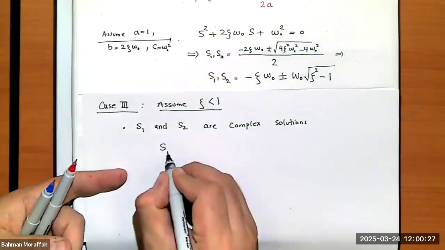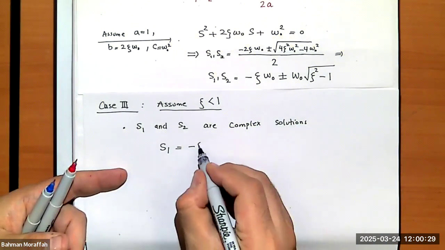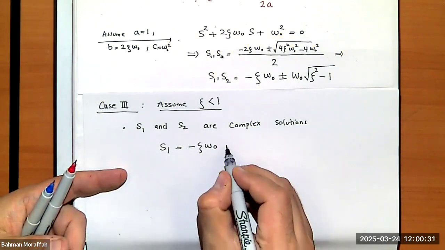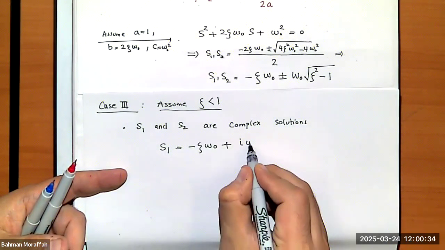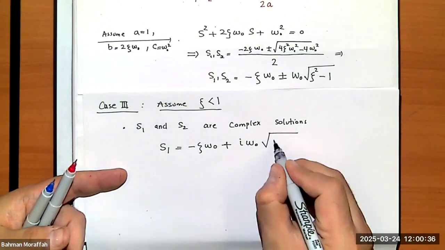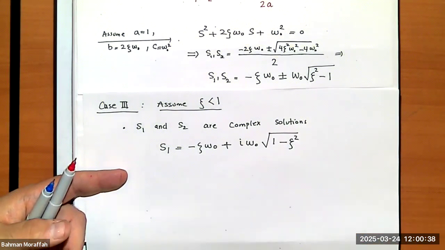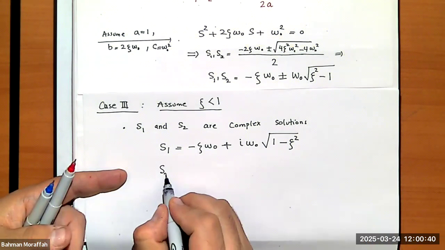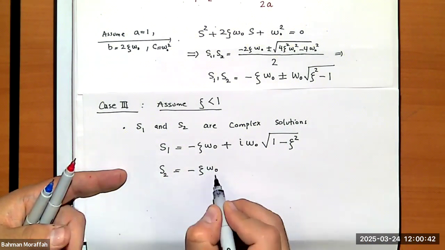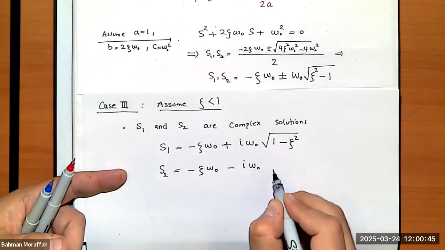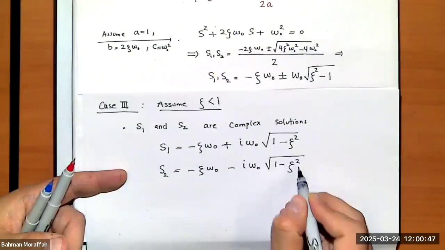So I can write S1 as minus C omega naught plus i omega naught times the square root of 1 minus C squared. S2 is minus C omega naught minus i omega naught times the square root of 1 minus C squared.